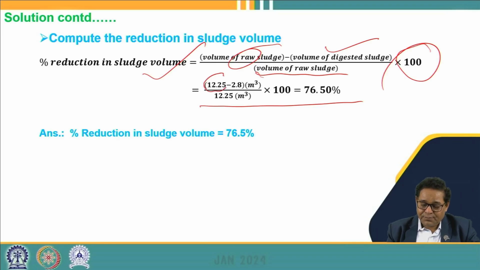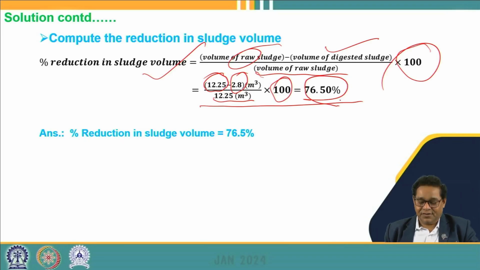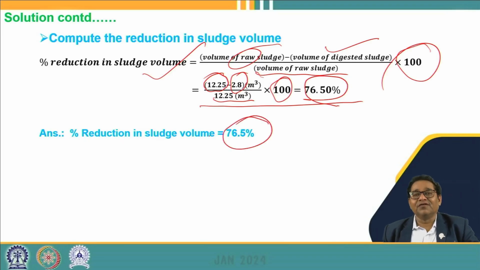Putting in the volume of raw sludge, which is 12.25, and 2.8 as the volume of the digested sludge, this comes to around 76.5%. So this reveals that the digestion process significantly reduces the sludge volume, by around 76.5%.